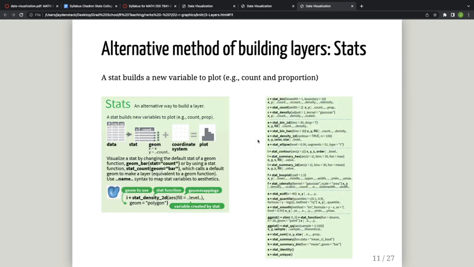That's also somewhere on the ggplot cheat sheet as well, where we might be looking at a density function, we might be looking at a quantile, we might be looking at summary statistics, right? And that's going to change the way we look at our data on the screen. That's essentially creating another layer, right?